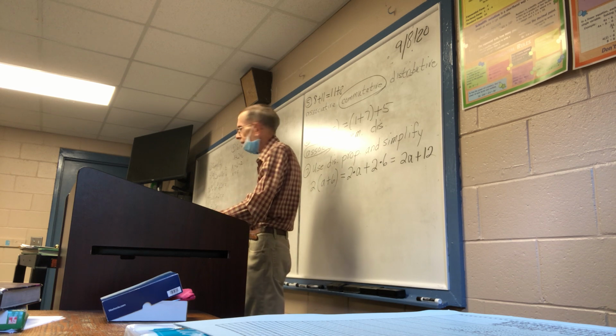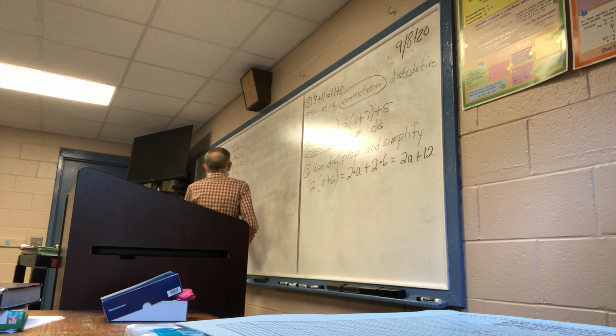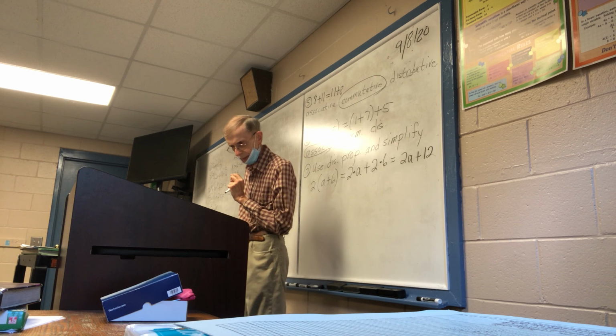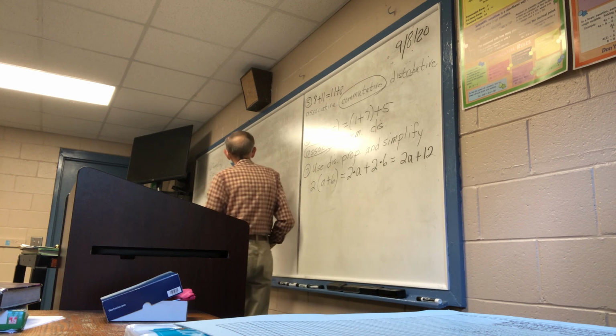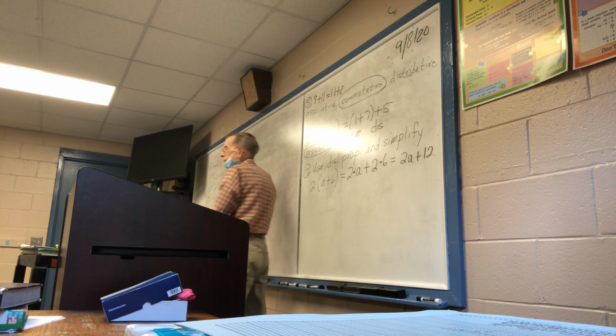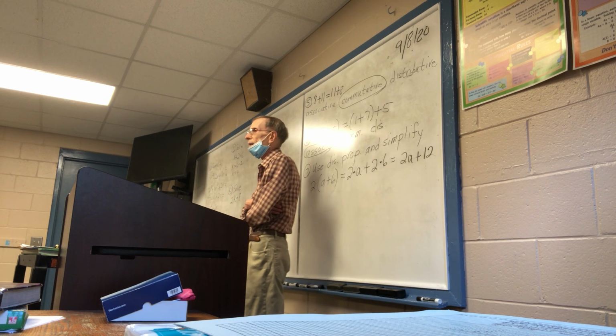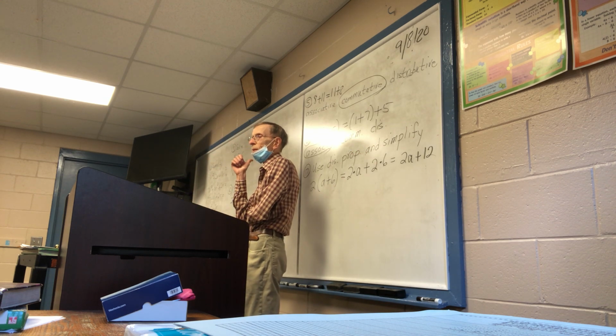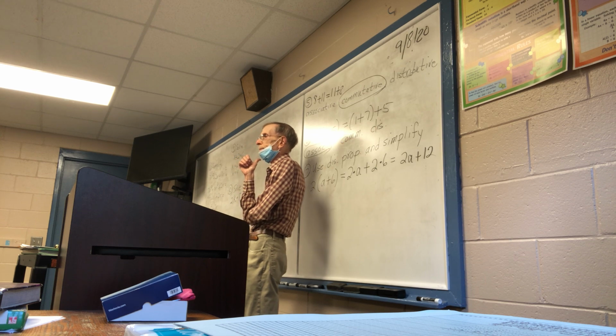Now number 10 is still solve, but it's a different example. Let me find the example of this one. 2K is equal to 8, and that shows us multiplication, right?